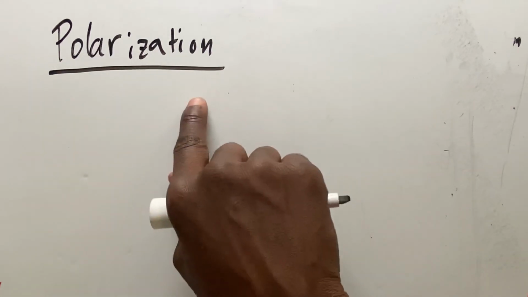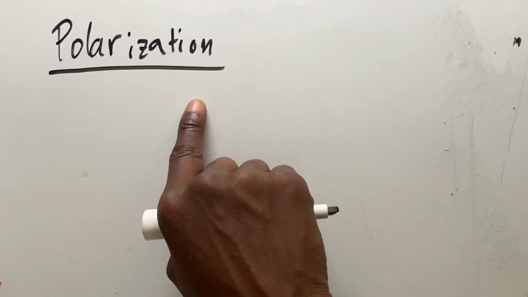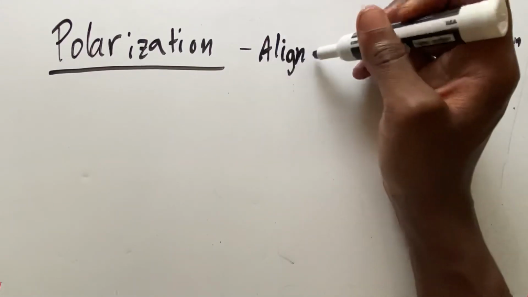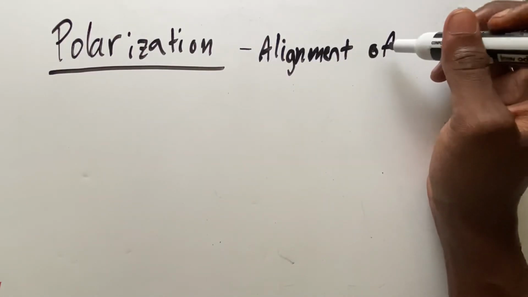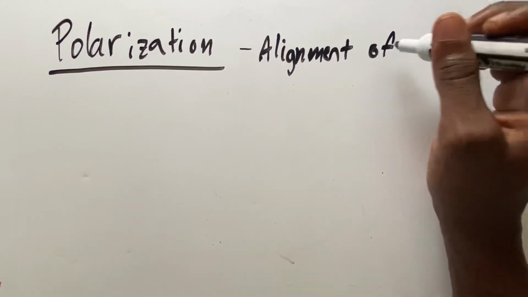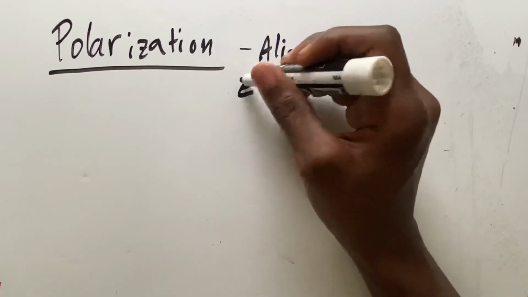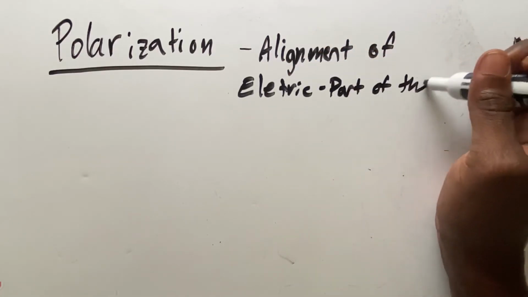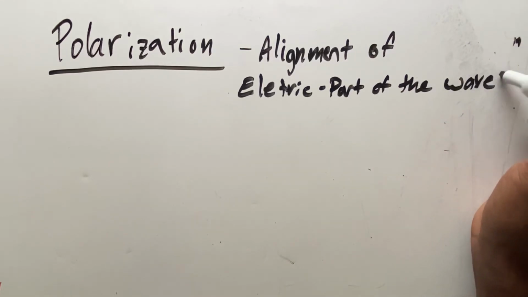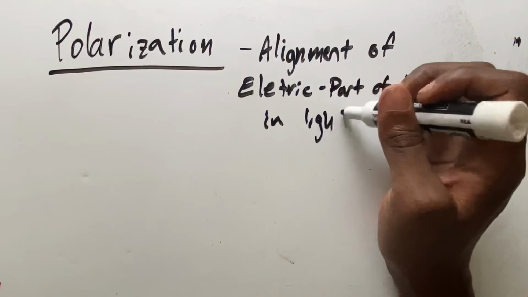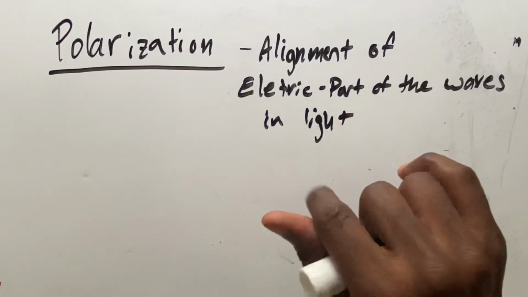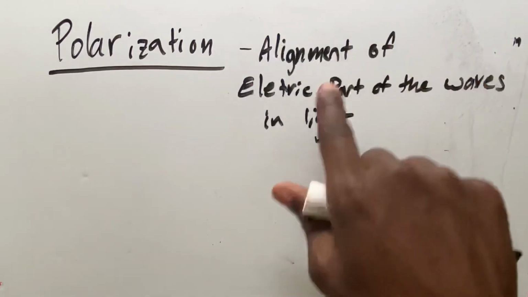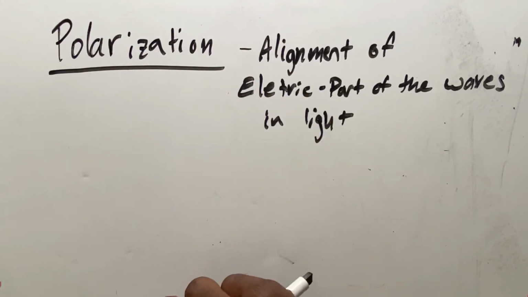So basically polarization just means the alignment of the electric part of the waves in light. Right, so we know light is made up of electric and magnetic waves. So polarization just means when we align light in a certain direction.